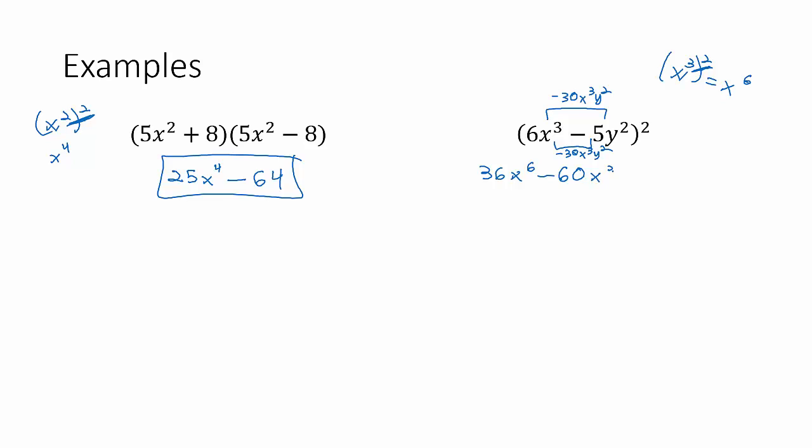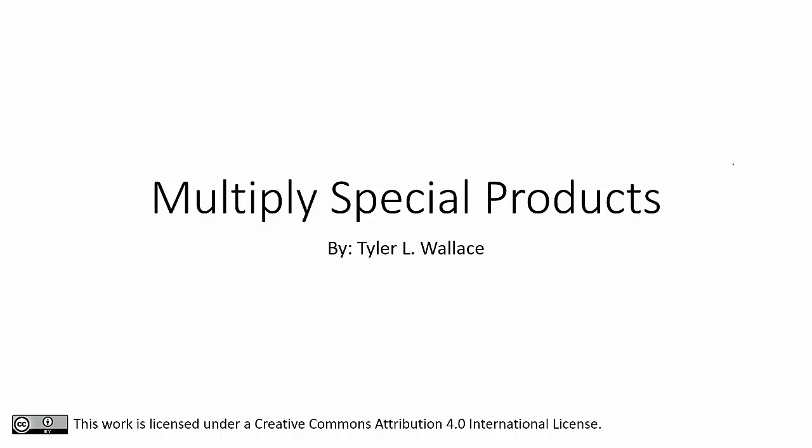Minus 60 x cubed y squared. Don't forget the middle term. Multiply them together. You have that twice. And then negative 5 squared is 25. And y squared squared is y to the 4th power. We have now squared this binomial. Square the first, twice the product, then square the last.